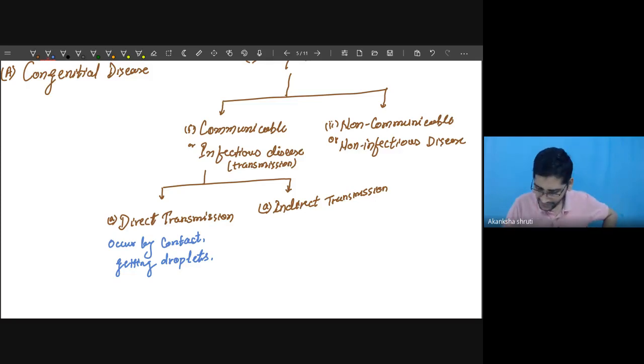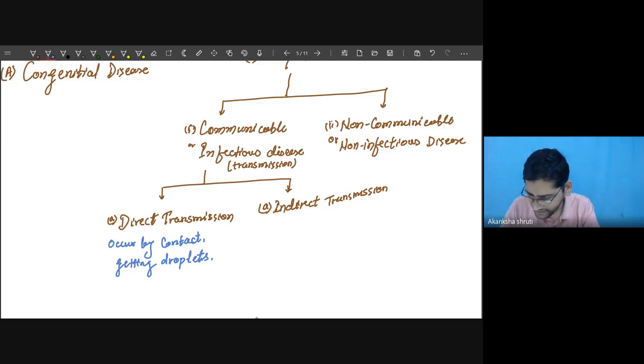Students, what is indirect transmission? Those transmissions are not by direct contact, but there are certain carriers which are able to carry the disease to you, like the housefly or mosquito. If the mosquito bites a patient, and then the same mosquito bites a healthy person, then the healthy person falls ill. That kind of transmission is called indirect transmission.